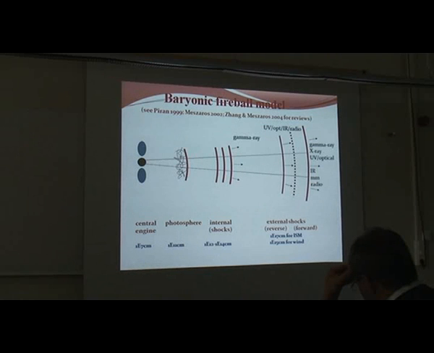The outflow gets accelerated by the thermal pressure and then becomes transparent at a radius of about 10^11 centimeters. As long as there is a small velocity dispersion of the material, the fast and slow shells collide with each other and produce strong shocks and give rise to prompt emission. The material keeps moving and interacts with the medium, giving rise to afterglow emission.